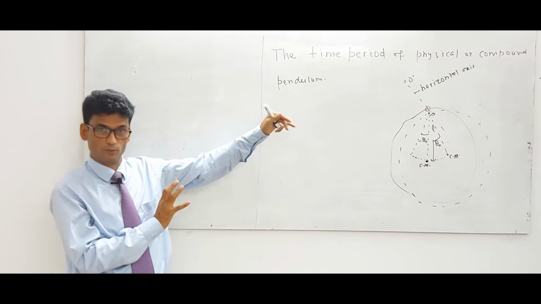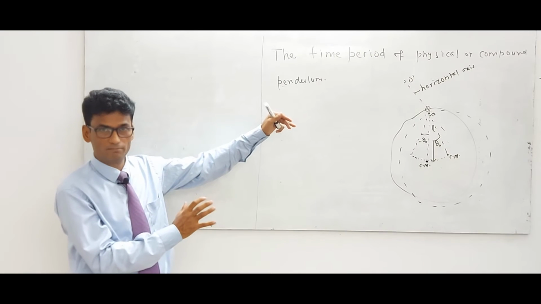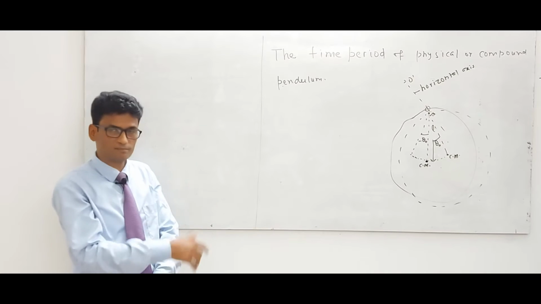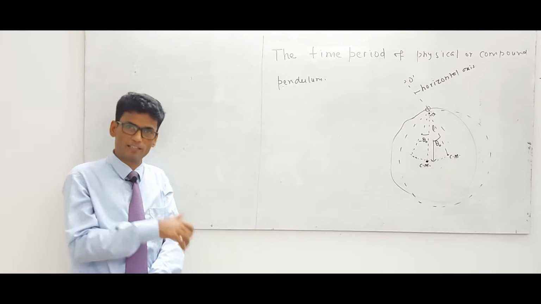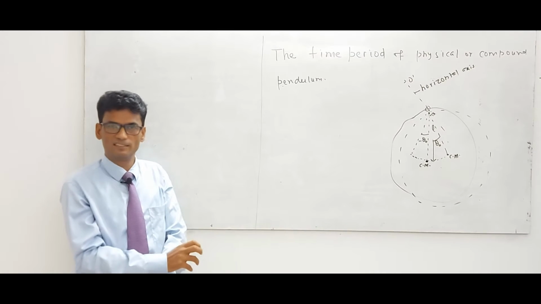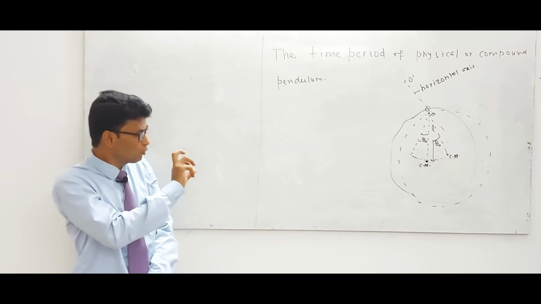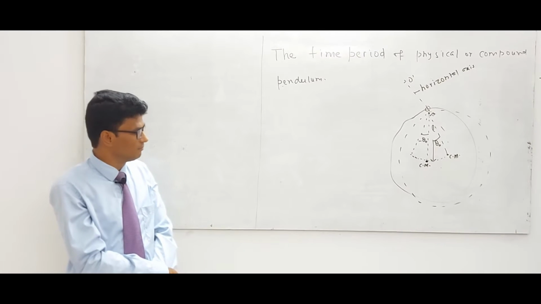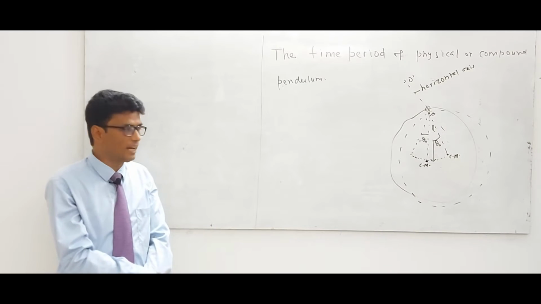So we assume that this physical pendulum oscillates near the surface of the Earth. It may oscillate near any celestial bodies, but right now, we consider it oscillates near the surface of the Earth. So uniform gravitational field we have to assume. Now, look at the forces acting on this pendulum.